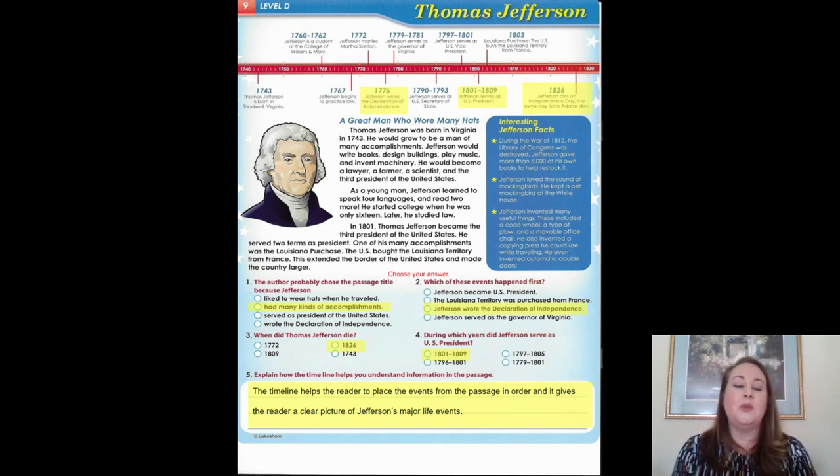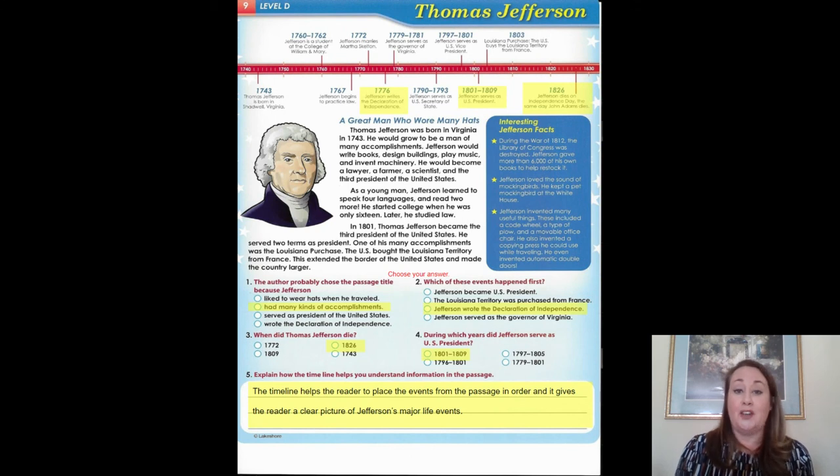All right, so I gave you an example today, and this is what we looked at, how to read a historical text, which is an informational text, and then also how to use something like a timeline to interpret information. So we combined the two standards.